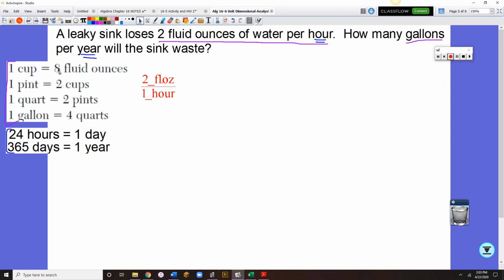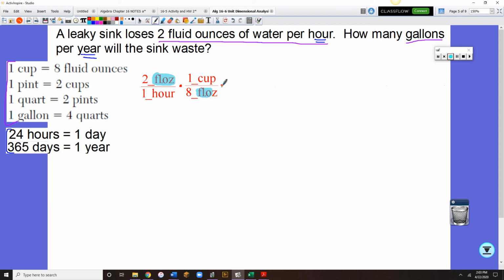How do you decide? Well, I see fluid ounces is on the top here, so when I set up my next fraction, I've got to put fluid ounces on the bottom. And that's where it is. Okay, so that's how I decided the order. And I'm not going to forget to put a times sign.